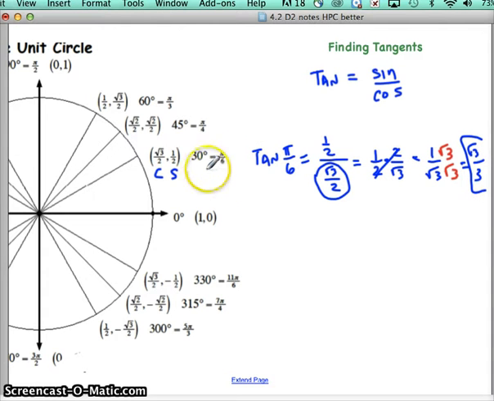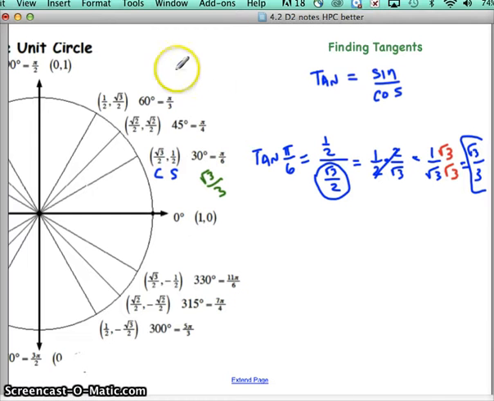So that is tangent at pi over 6. So you might want to add that to your unit circle page, that tangent is root 3 over 3 for 30 degrees or pi over 6.